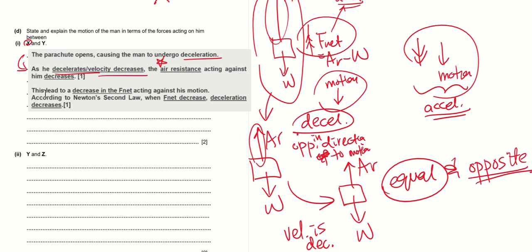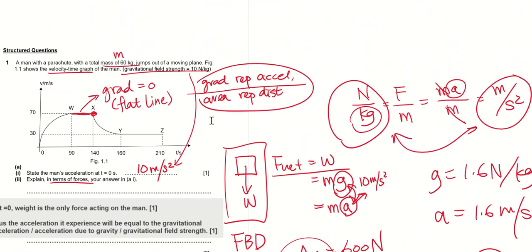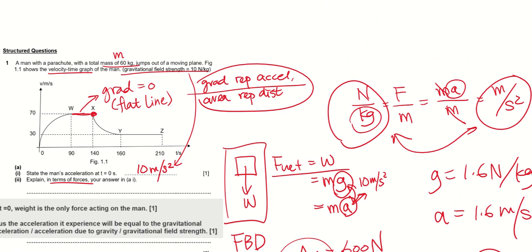Alright, so come back to this answer. As the velocity decreases, the air resistance acting against him decreases. Therefore this leads to a decrease in the Fnet. So according to Newton's second law, when Fnet decreases, deceleration decreases. So you can see from the graph here, it is actually going from steep to gentle.